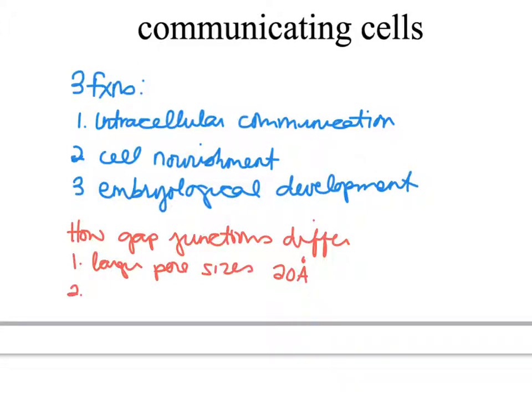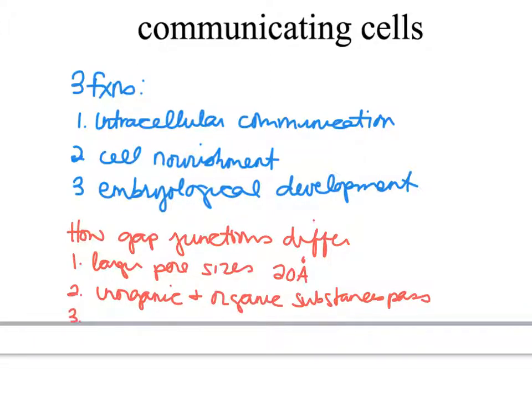A second difference is that we can have inorganic and organic substances moving through. So instead of just ions moving through, those inorganic portions, we can also have things like glucose moving through.